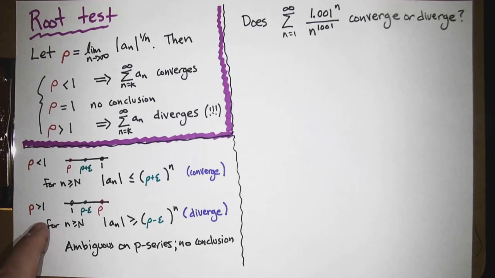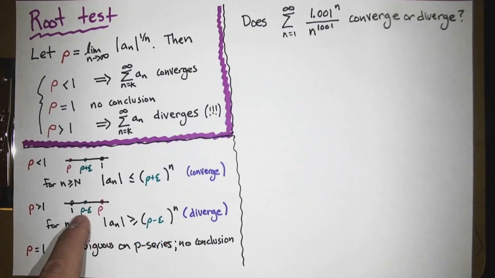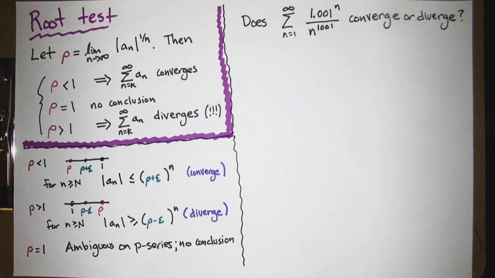If you're bigger than 1, again, for large n, you're bigger than rho minus epsilon to the n, but rho minus epsilon is above 1. That means you're getting huge, diverging by the nth term test. And if you're equal to 1, it's like you're in a p-series kind of situation. There's ambiguity. You may or may not converge. So there's no conclusion to be drawn. So that's the root test.